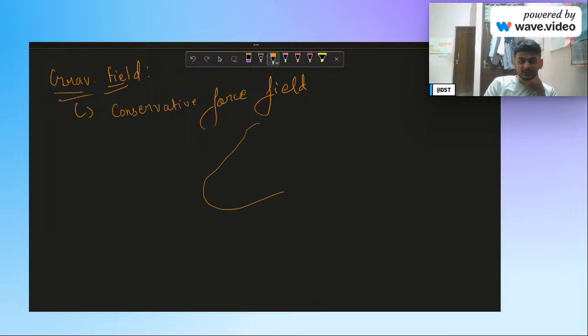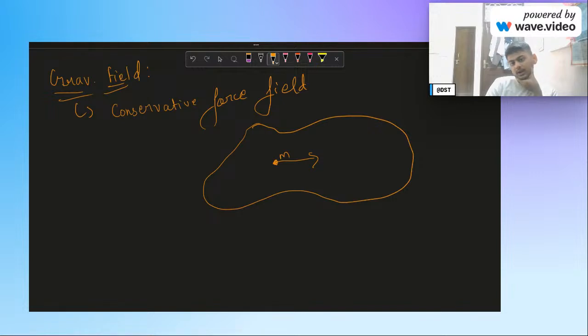In that conservative force field, if some mass m is present, it will experience some force. Now, how do we calculate the gravitational field strength? We just assume this small mass to be 1 kg.